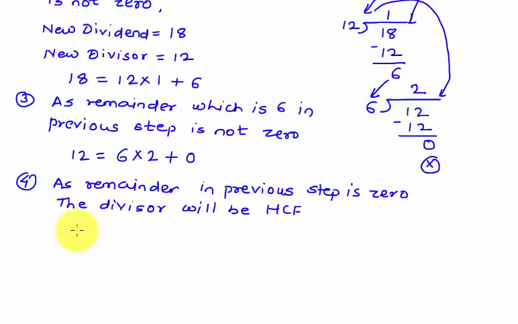So what is the divisor in step 3? The divisor is 6. So the SCF of 18 and 30 is 6.